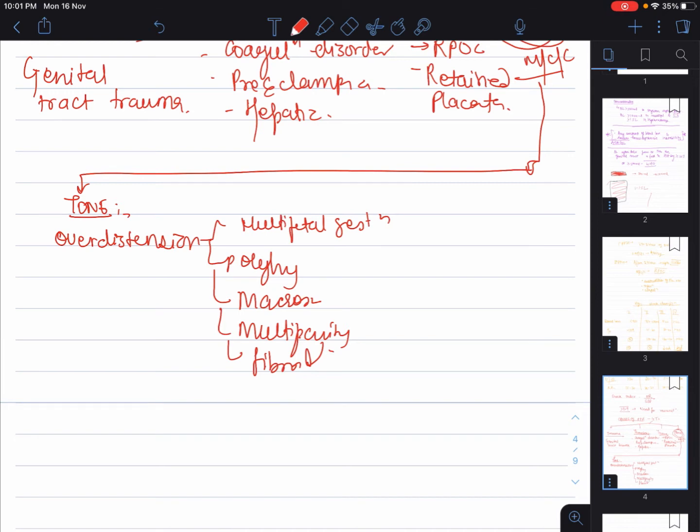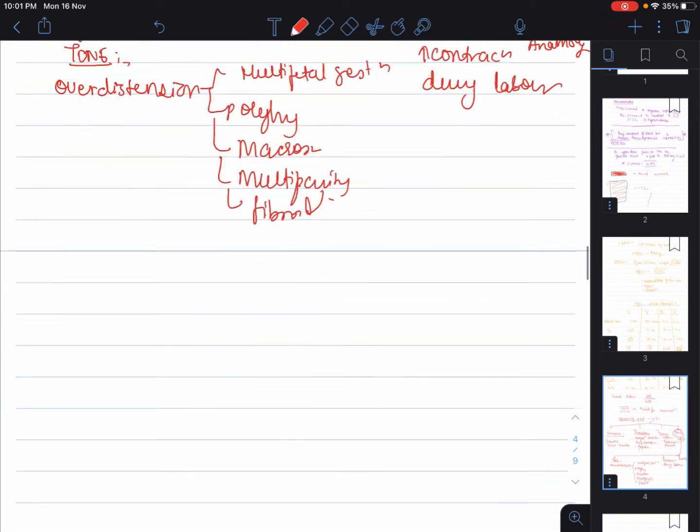Or if there is increased contraction during labor, that is excess of oxytocin, or precipitate labor, an infection, or any anomaly. So any uterine anomaly will also lead to atony, right? So any malnutrition, anemia, prolonged labor, all of this will cause atony.